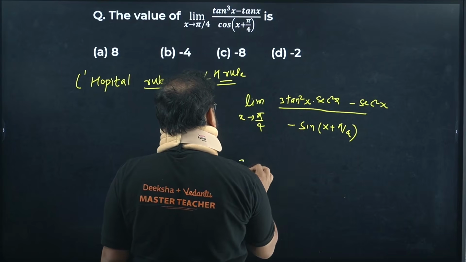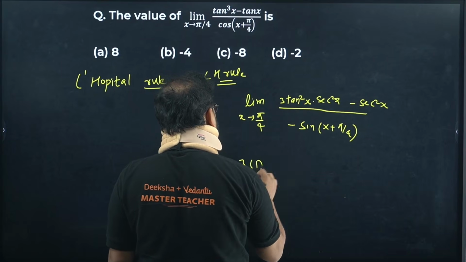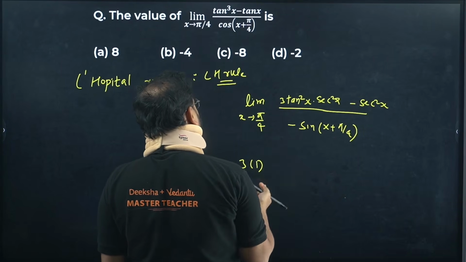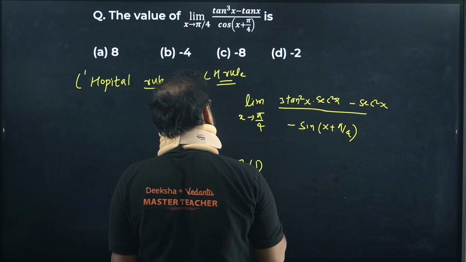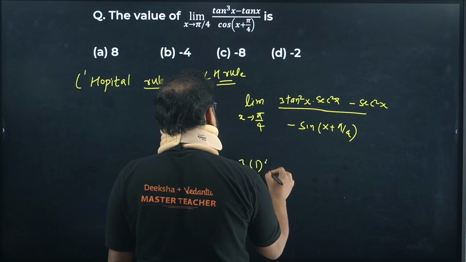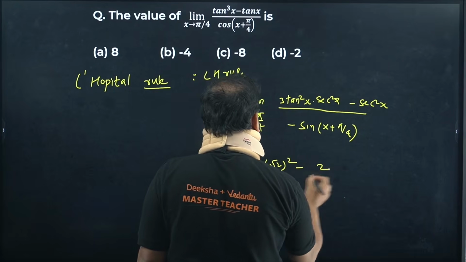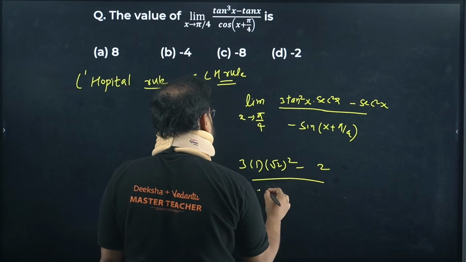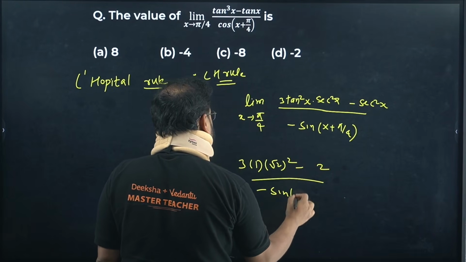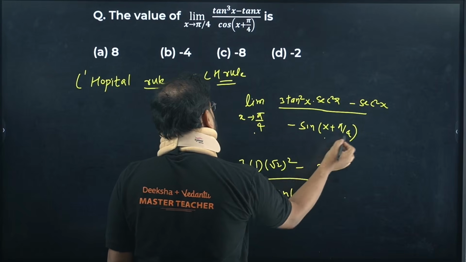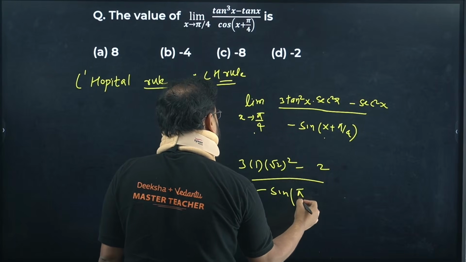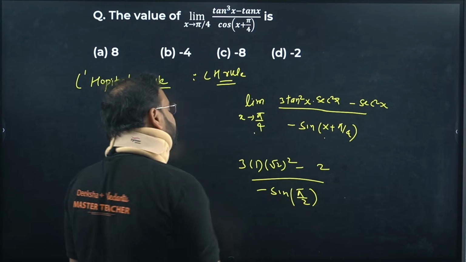Put the value. 3 tan of 1. So 1 square basically. So it will remain 1 only. Secant of pi by 4 is root 2 actually. So root 2 square. Over here also root 2 square is going to be what? 2 only. Over here what we're going to have? Sine of pi by 4 plus pi by 4, that's 45 plus 45, so 90.